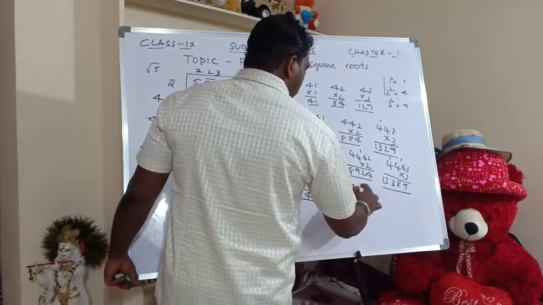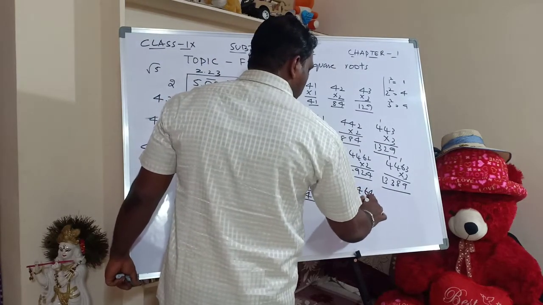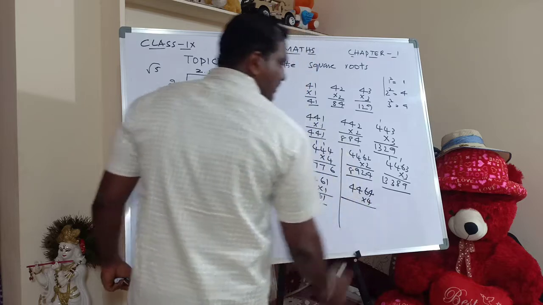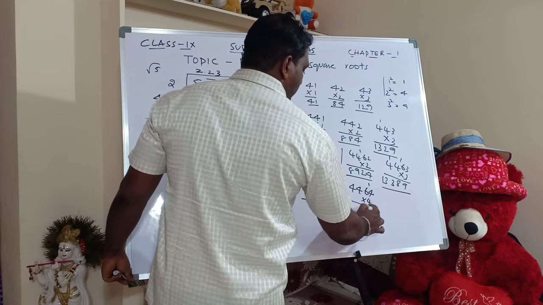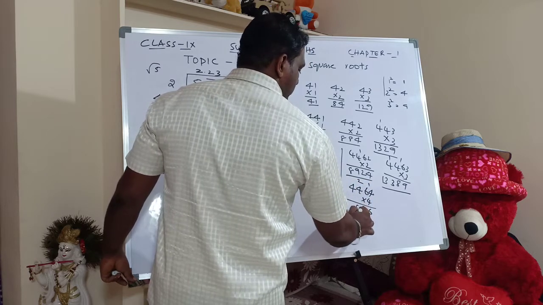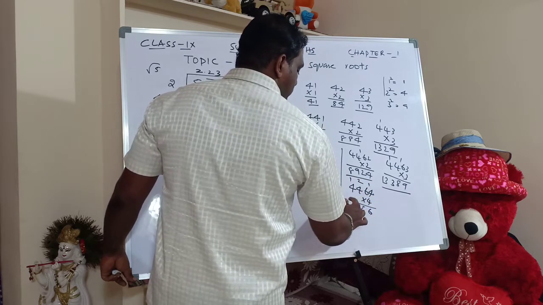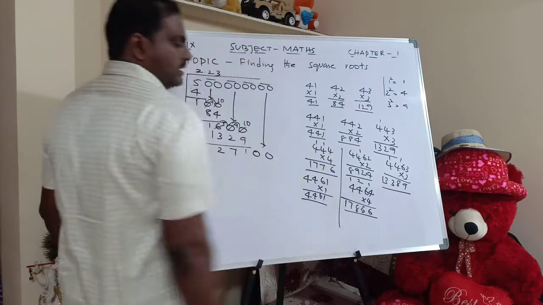Next step 4464 into 4. 4 fours are 16, 4 sixes are 24, 25, 4 fours are 16, 17, 18.